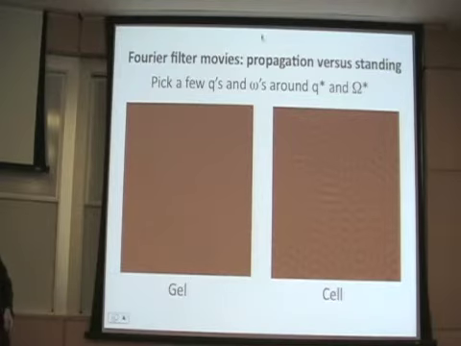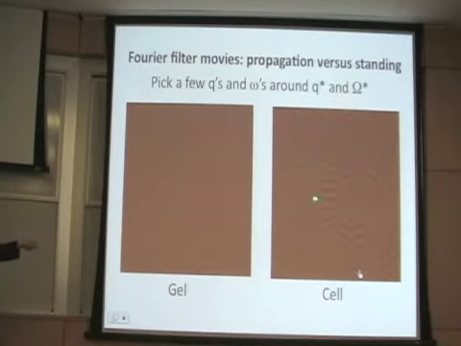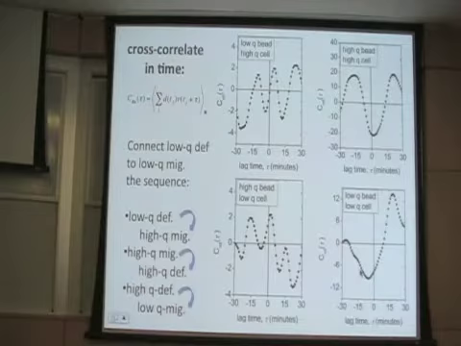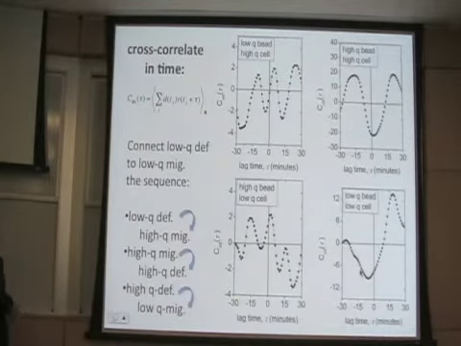But if you do the same thing on the cell layer, you actually do see little wavelets that live long enough to propagate their own distance, and kind of all line up in these streams. So I think short wavelength fluctuations do propagate like waves, and all of the other fluctuations don't propagate. They're all overdamped, and sometimes it just sits still.